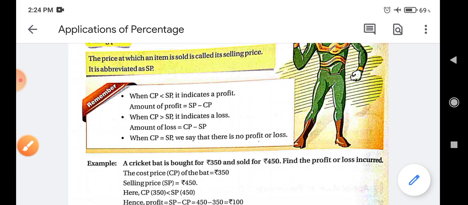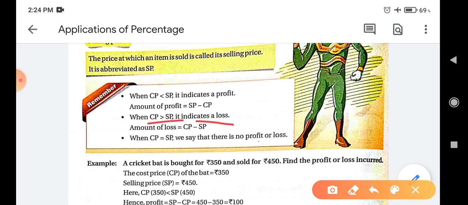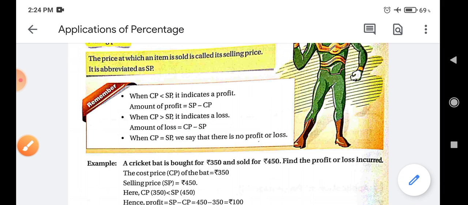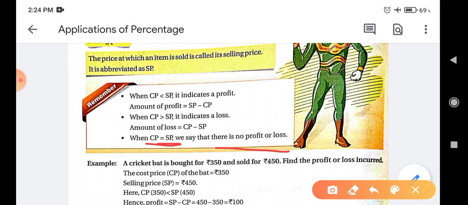And when CP is greater than SP, then there is a loss, and the amount of loss is equal to CP minus SP. If SP and CP are equal, if there is no difference between the cost price and selling price, then we will say that there is no profit and no loss.